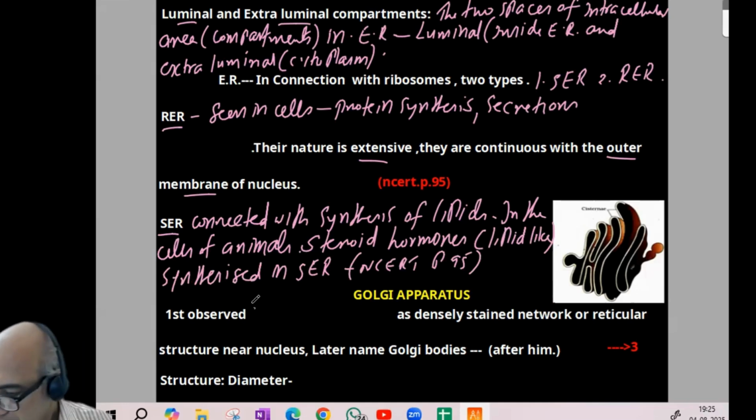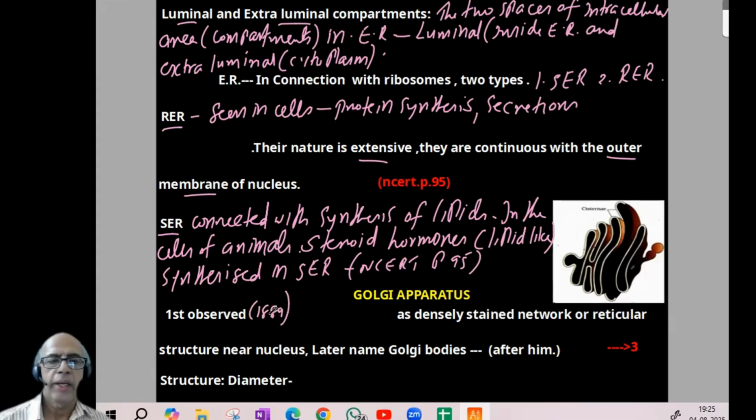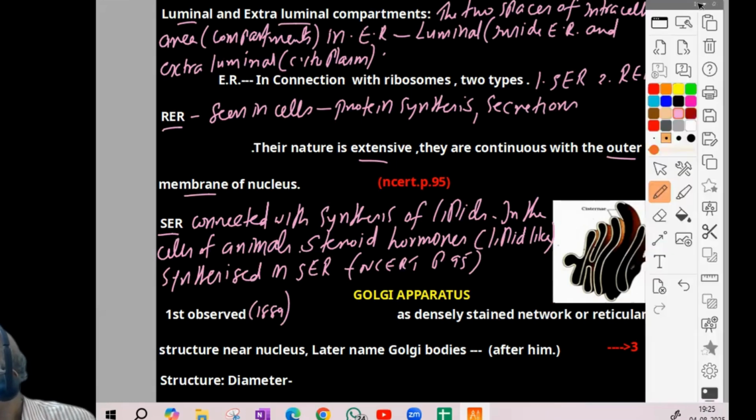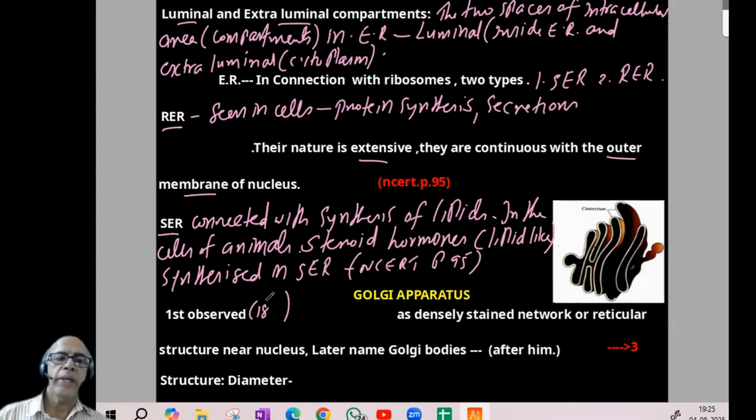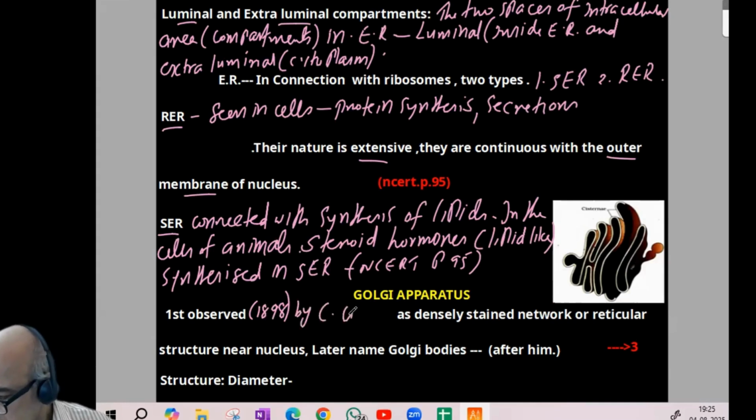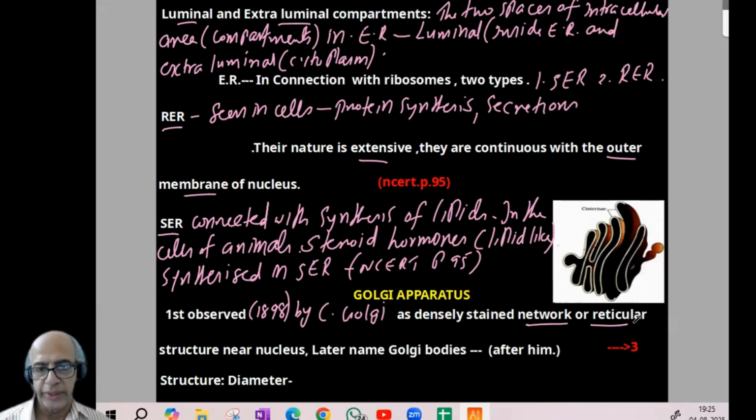It was first observed in 1898 by Camillo Golgi as a densely stained network or reticular structure near the nucleus. Later the name Golgi bodies was given after the famous scientist Camillo Golgi. When we come to structure, the values we have to take are always NCERT values.